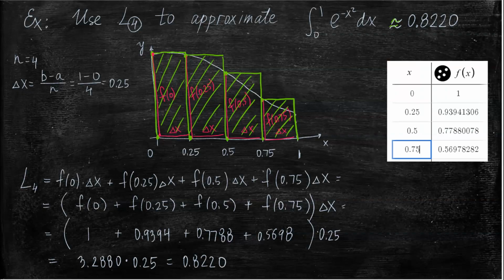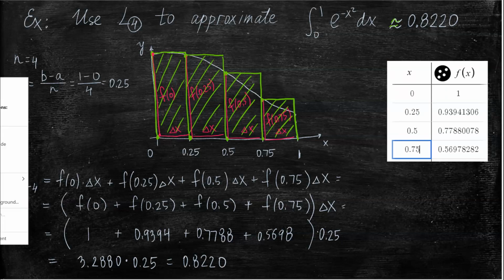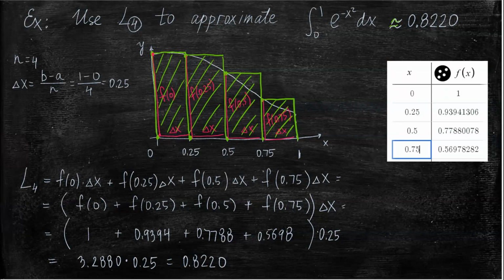Let's see what happens when we use the right endpoint approximation instead of left endpoint. So let's replace L with R, and let's find what R4 is.